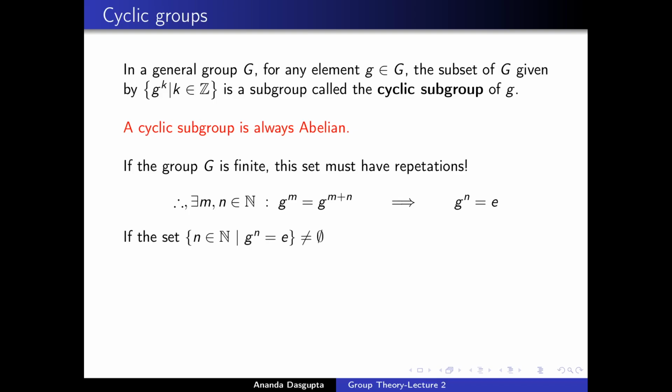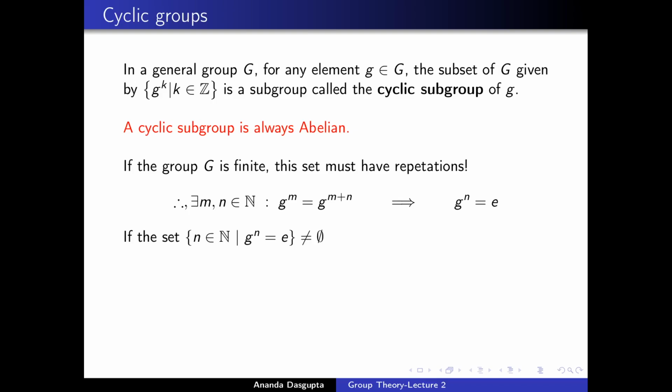So this means that for a finite group, again, consider the set of small n belonging to capital N, those natural numbers for which g to the n is e. I'm saying if this set is non-empty, because I'm talking of both finite and infinite groups in the same breath, although for finite groups this set is guaranteed to be non-empty.